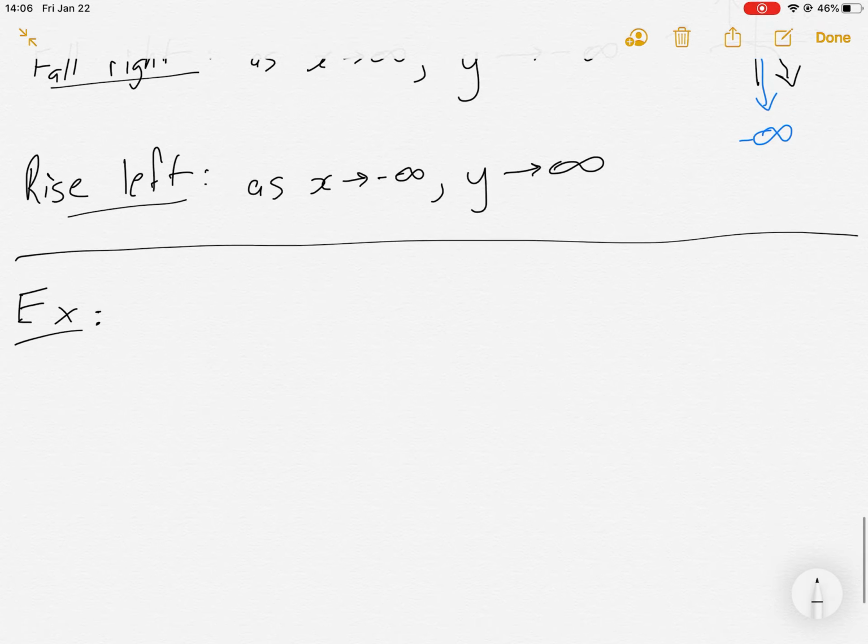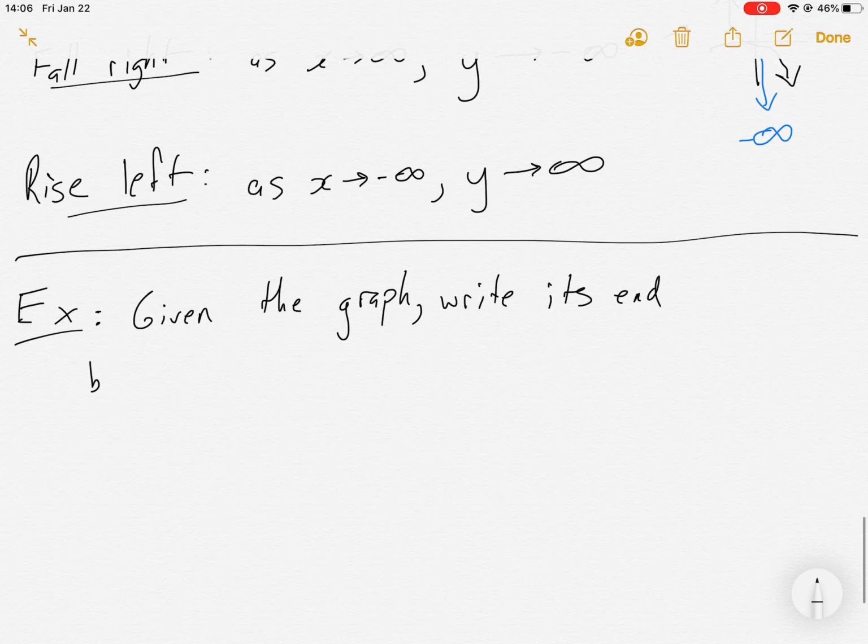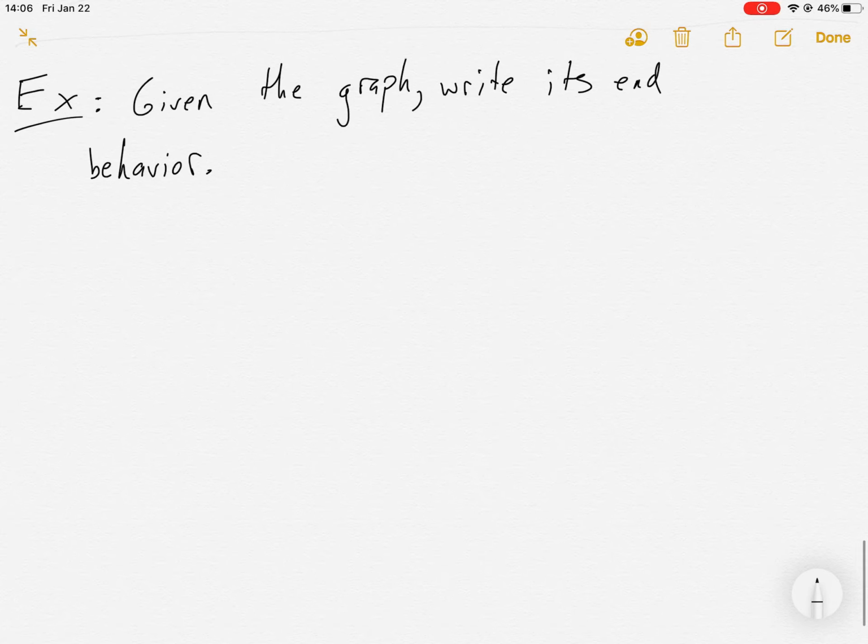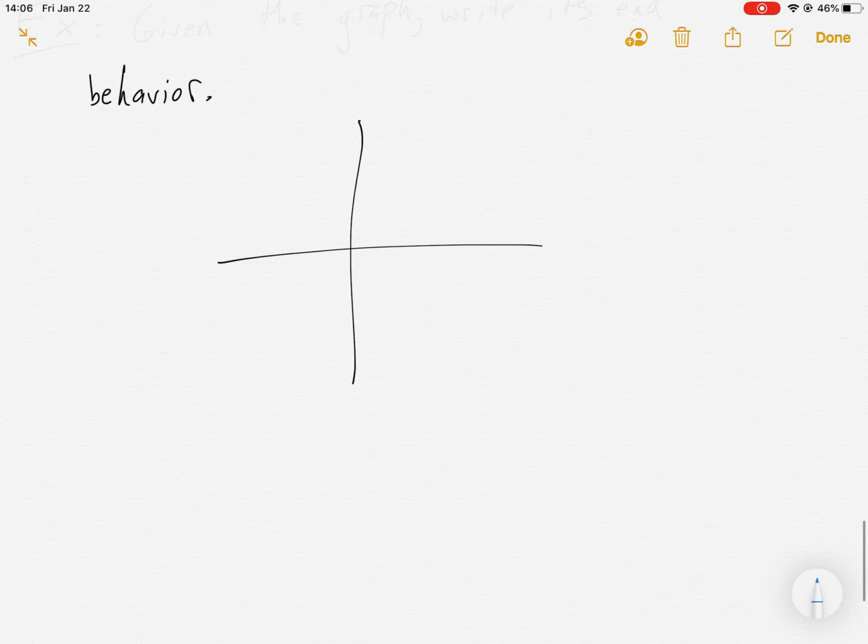So let's just say you're given a graph. Let's say it looked something like this.